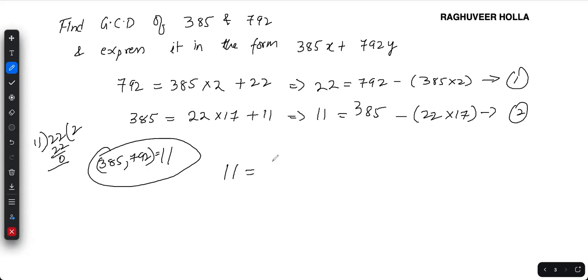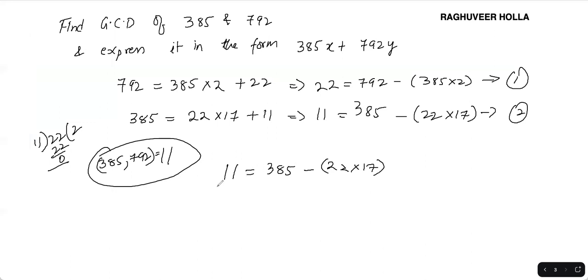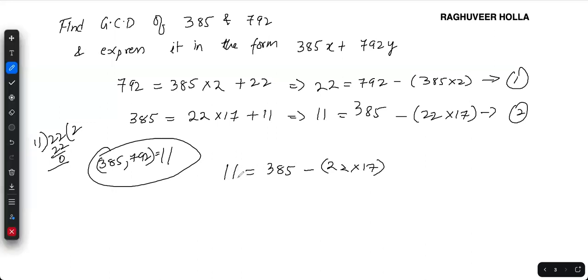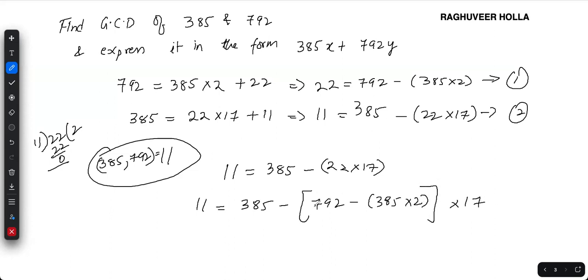Let us consider equation 2: 11 is equal to 385 minus 22 multiplied by 17. Again, let us consider this 22, that is equation 1, and substitute it. 385 minus 792 minus 385 multiplied by 2, this is multiplied by 17.